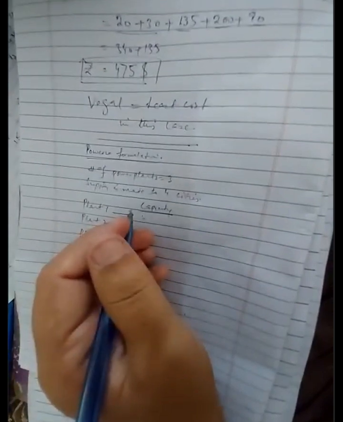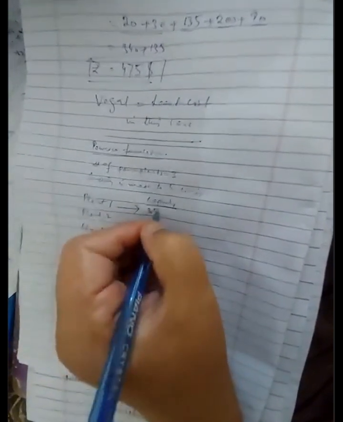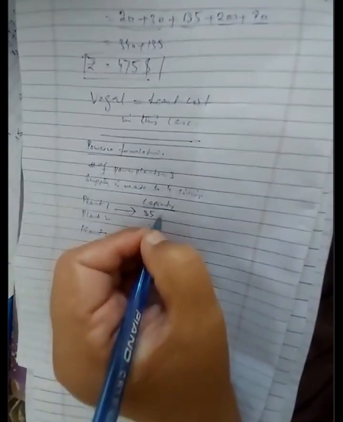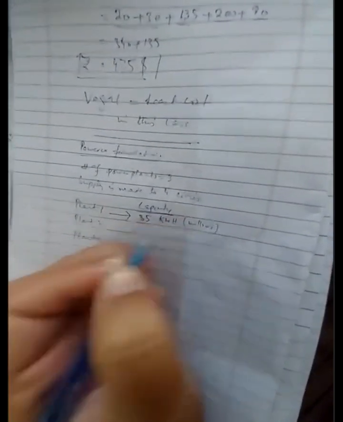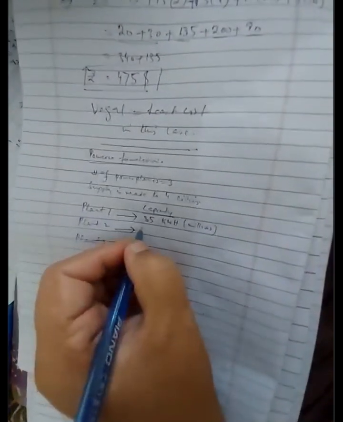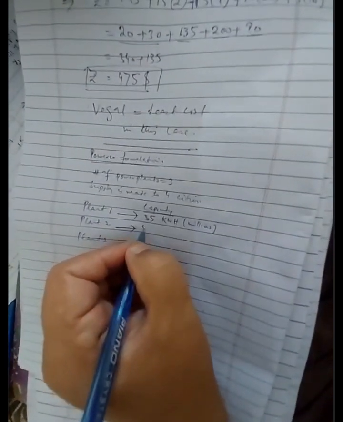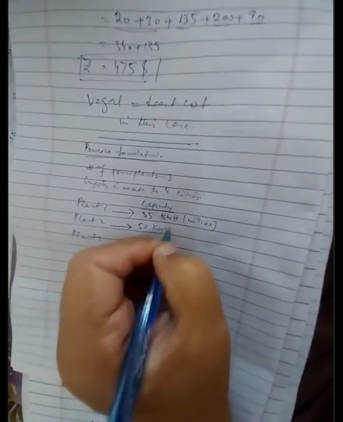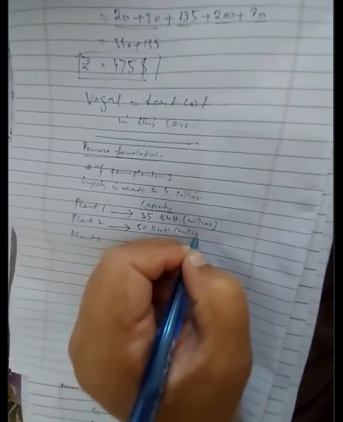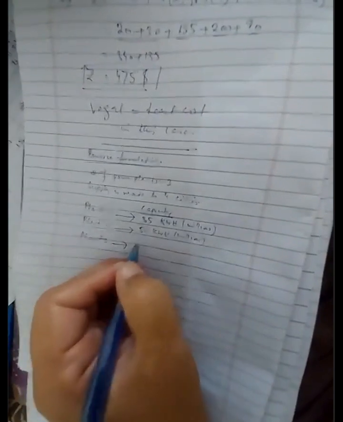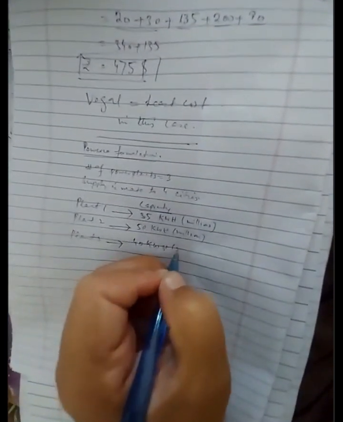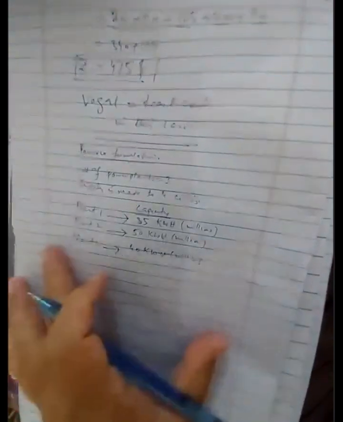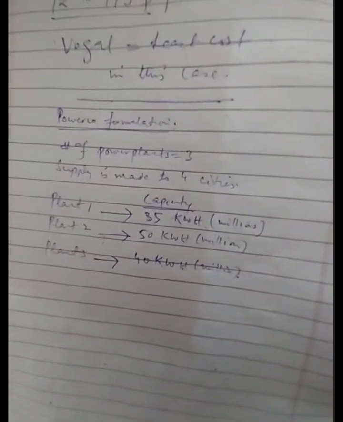Plant 1 can supply 35 million kilowatt hours, in millions. Power plant 2 has a capacity of 50 million kilowatt hours, and the third one has 40 million kilowatt hours. So these are the capacities of the 3 plants.